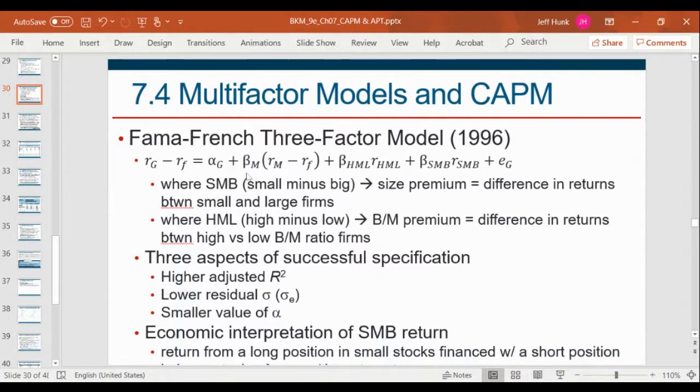In the Fama-French model, other than the market risk premium, the others are not risk premiums.